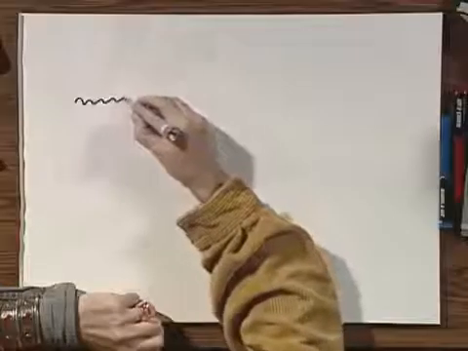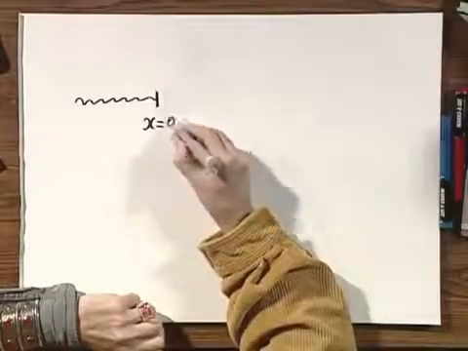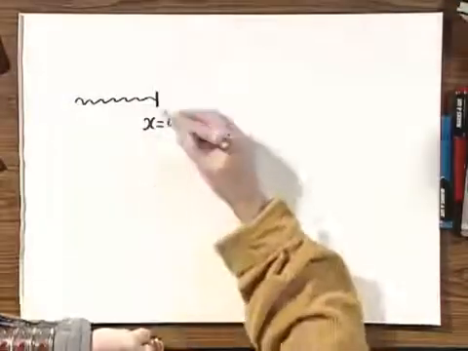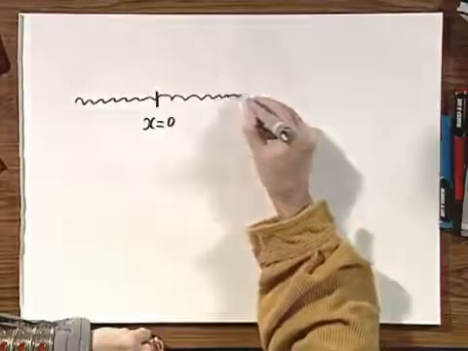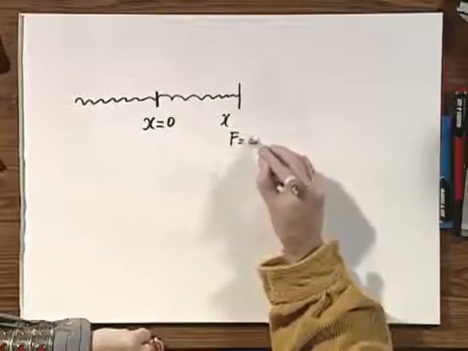Let's now ask ourselves the question, where does the object come to a stop? And so I'm going to make the drawing again. This was the relaxed spring. And then here we have this point x where f equals 0.